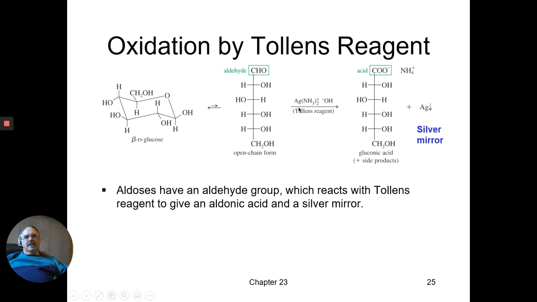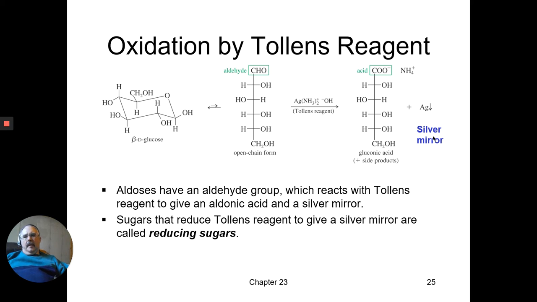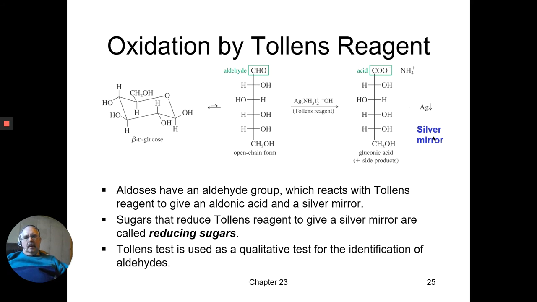So silver plus 1 gets reduced to silver 0, and so a silver mirror forms on the test tube or flask. And this is a simple chemical test for what are called reducing sugars. It's a qualitative test for the identification of aldehydes.